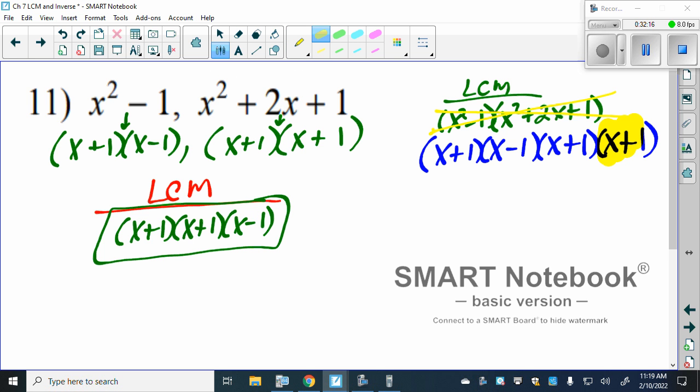This has an extra x plus 1, which doesn't seem like a big issue, but it will be, especially when we start talking about doing our complex fractions, our complex rational expressions, is it means I'm adding an extra factor of x plus 1 to the top and bottom. That's going to have to be pulled out eventually.